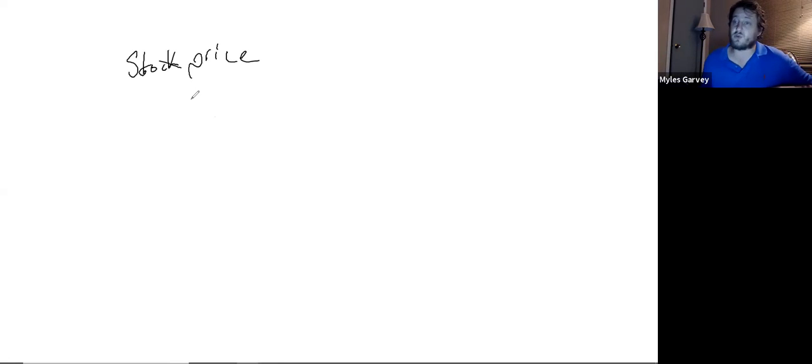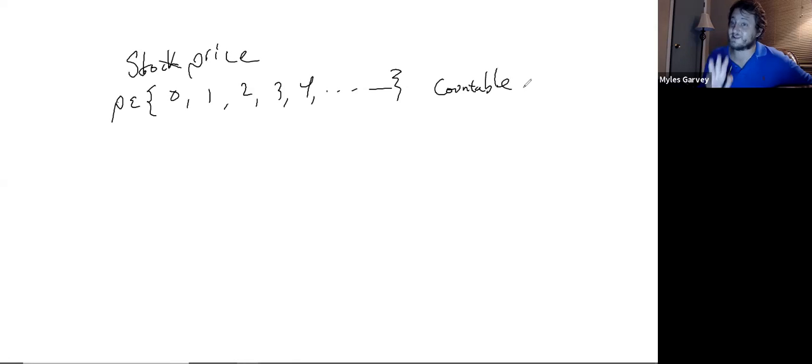And so there are two ways to really model stock prices. I can think about it in terms of integer dollars, right? 0, 1, 2, 3, 4, and so on and so forth. In which case I'm modeling the price of a stock as countable, otherwise known as discrete.